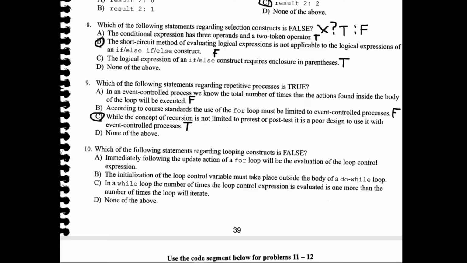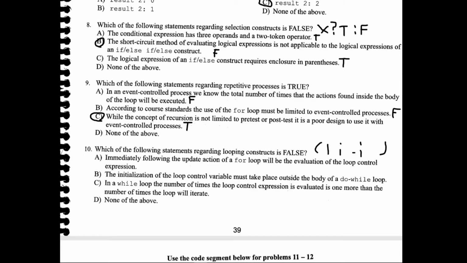10. Which of the following statements regarding looping constructs is false? Immediately following the update of a for loop will be the evaluation of the loop control expression. Now in a for loop, there are 3 parts separated by semicolons. The first one is the initialization of the variable to a certain value.